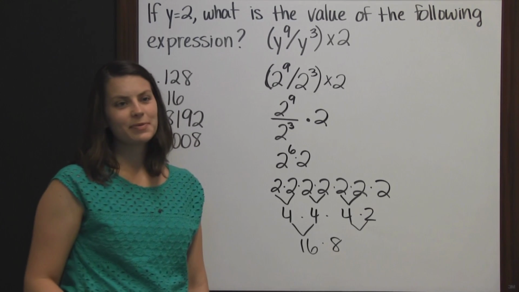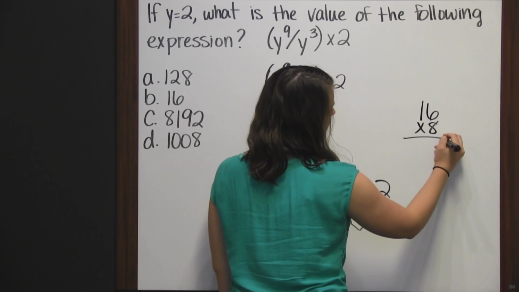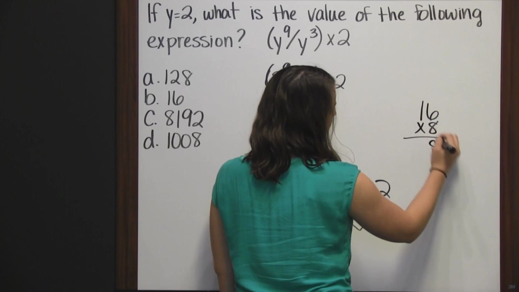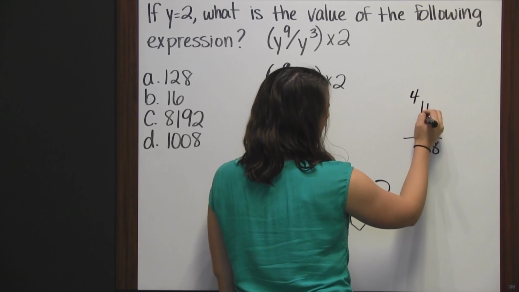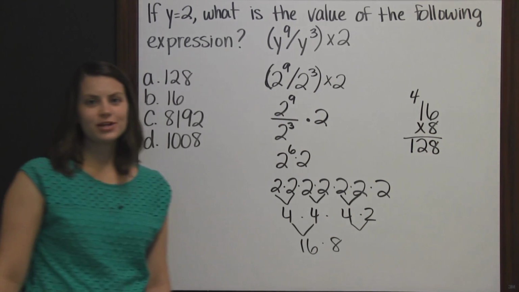So now I just need to multiply 16 times 8. 8 times 6 is 48, carry the 4. 8 times 1 is 8, plus 4 is 12, so it's 128.